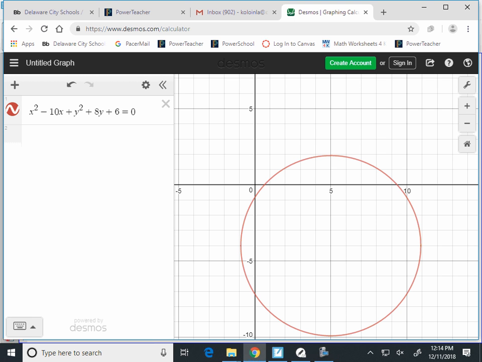And if you're not getting a circle, more than likely it's just mistyped in. Like we said, you have to type x squared minus 10x plus y squared plus 8y plus 16. Okay, well, it's still wrong. You're way too zoomed in.